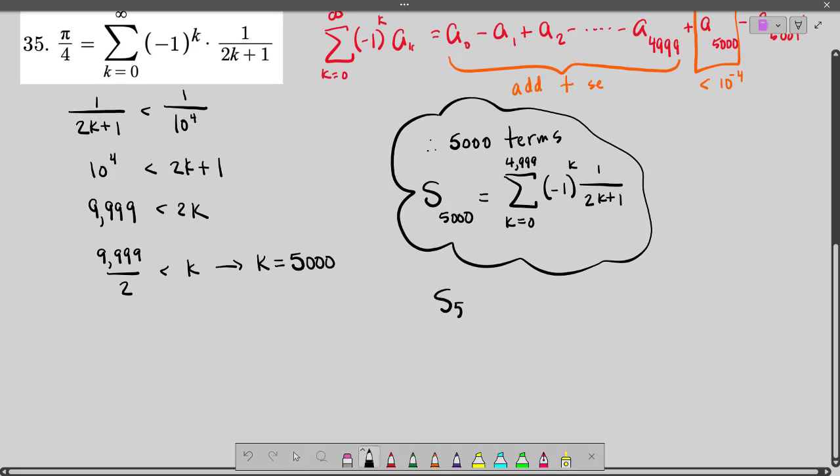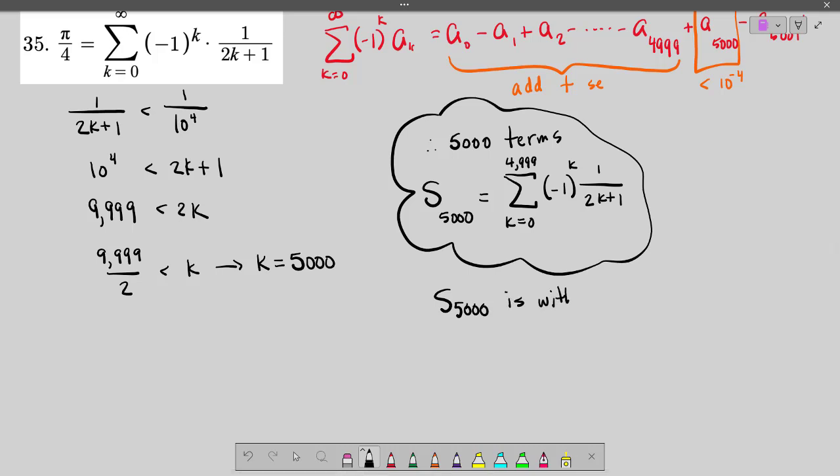So S sub 5,000 is within 10 to the negative 4 of pi over 4. So that's what that means. So we're pretty close to the actual sum of the series. We're within 1/10,000th, which is usually accurate enough.